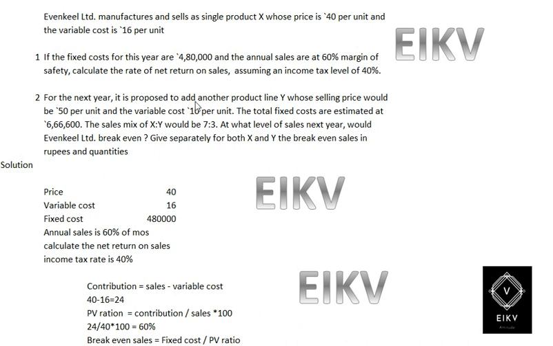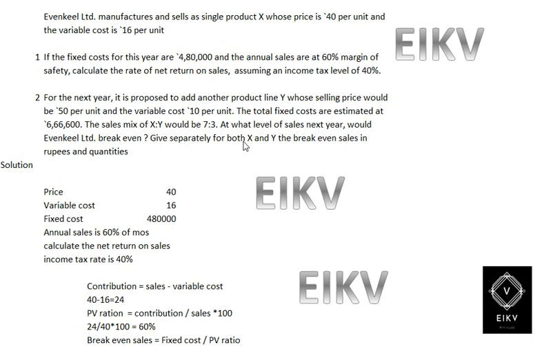The second part of the question: for the next year, it is proposed to add another product line Y, whose selling price would be 50 per unit and the variable cost is 10 per unit. The total fixed costs are estimated to be 6,66,000. The sales mix of X to Y is 7 is to 3. At what level of sales in the next year would Everkey Limited break even?